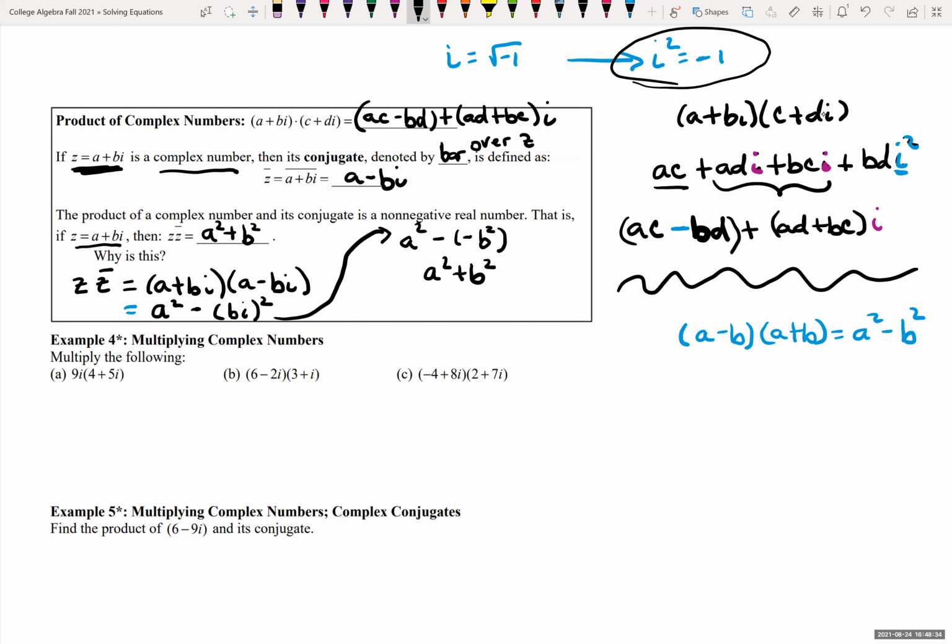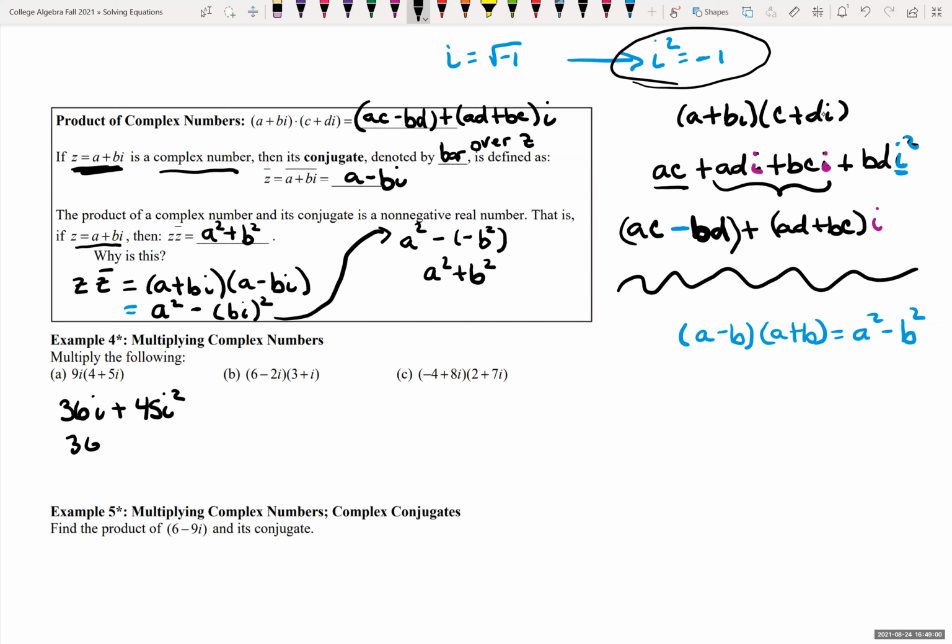So part A, multiplying complex numbers, 9i times the quantity 4 plus 5i. We're just going to distribute the 9i to both terms. 9i times 4, just multiply the coefficients, 9 times 4, that's 36i. Plus 9i times 5i, that's 45i squared. The i squared is -1.